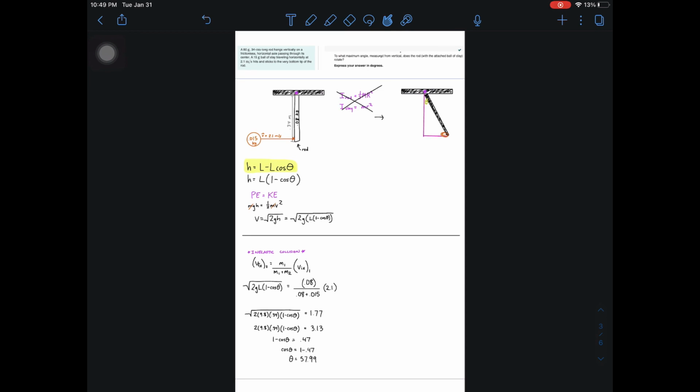So again, let's zoom out of this problem. We'll see that the main foundation of this problem is trying to find and relate different equations with each other. We have related height and the length of the rod to each other, which we'll use to plug into our equation of potential and kinetic energy, which relates to the conservation of energy of the system, relating it to the inelastic collision, where we can plug in the V that we just found, in order to find the final answer, which is theta.